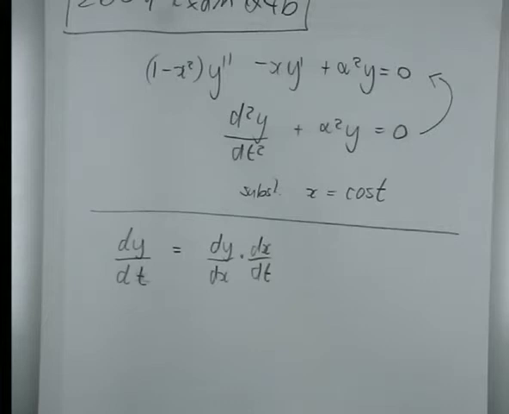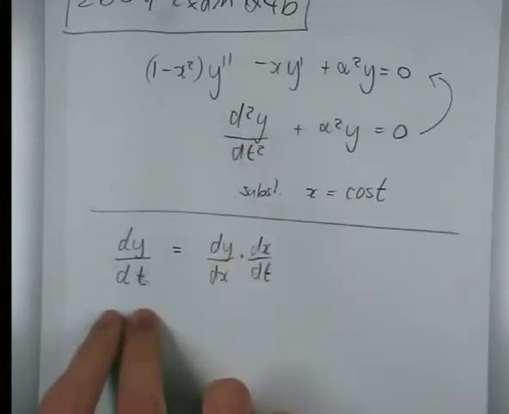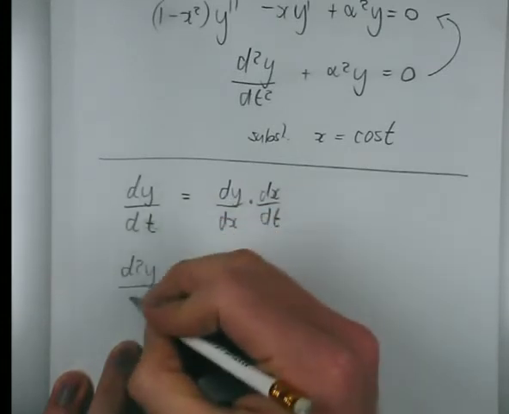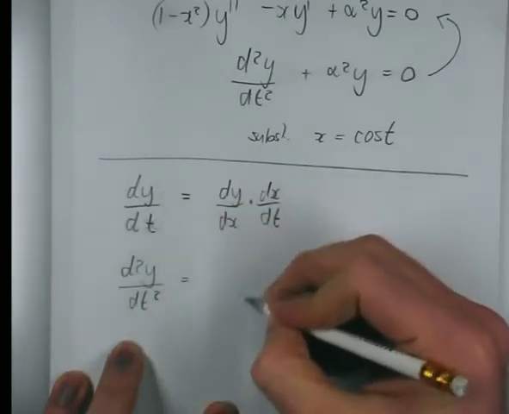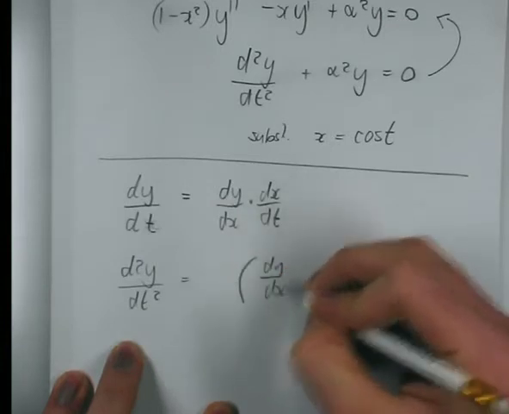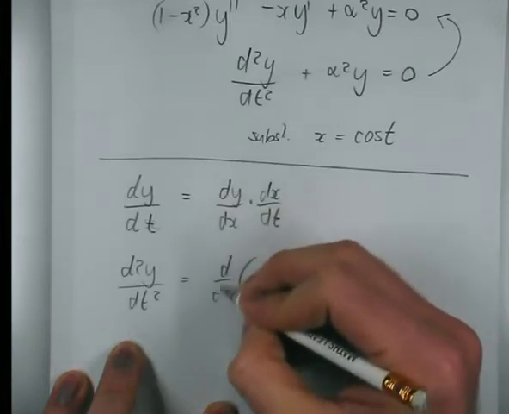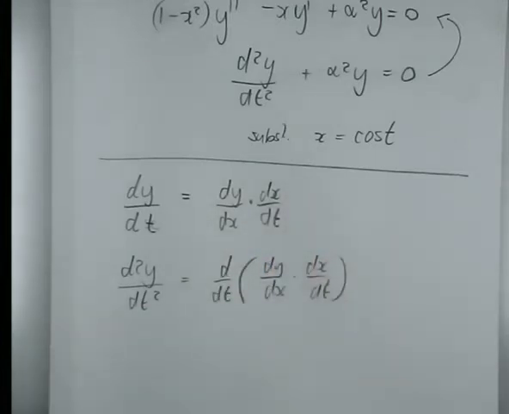This is the most useful version for the moment. And so I can convert my dy on dt into something involving dy on dx. But I don't have a dy on dt in this, so I'm going to need to do d squared y on dt squared. So that means I'm going to get what I've got here and differentiate it with respect to t.